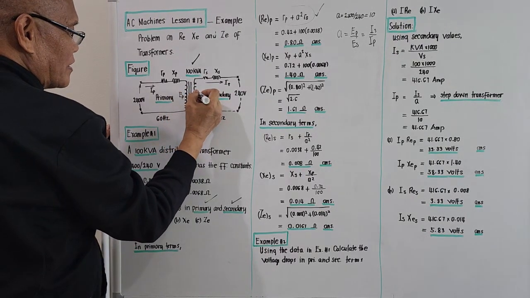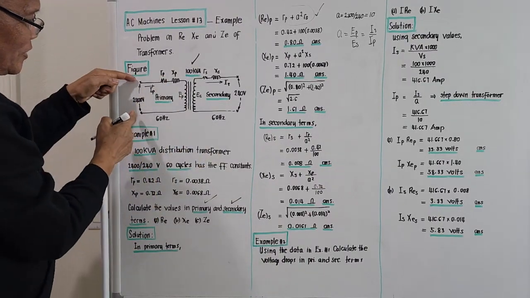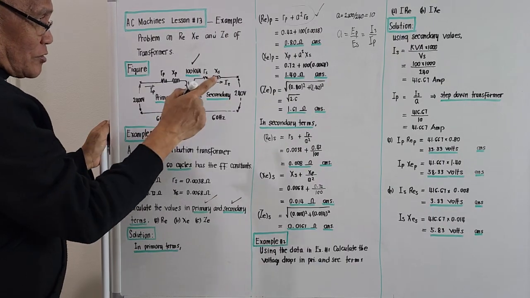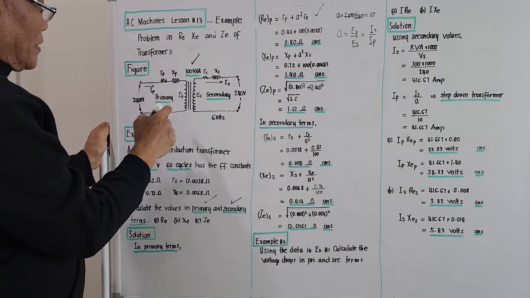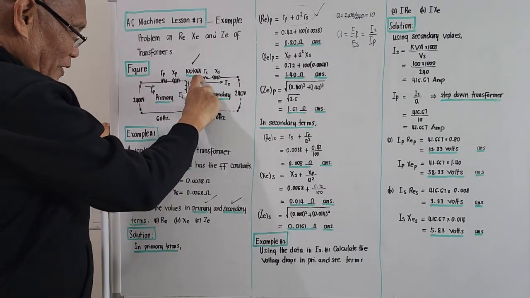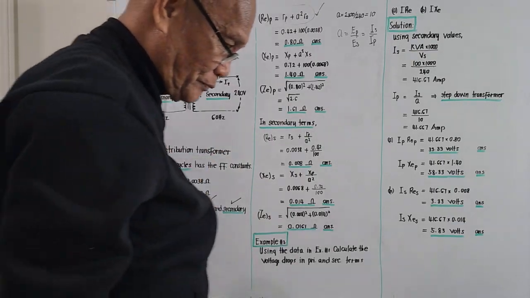E sub S is here. But what is given is the terminal voltage here. It is not E sub P. So, to compute the ratio of transformation, we should know E sub P and E sub S. But we do not know this value for the meantime. So, what do we do?